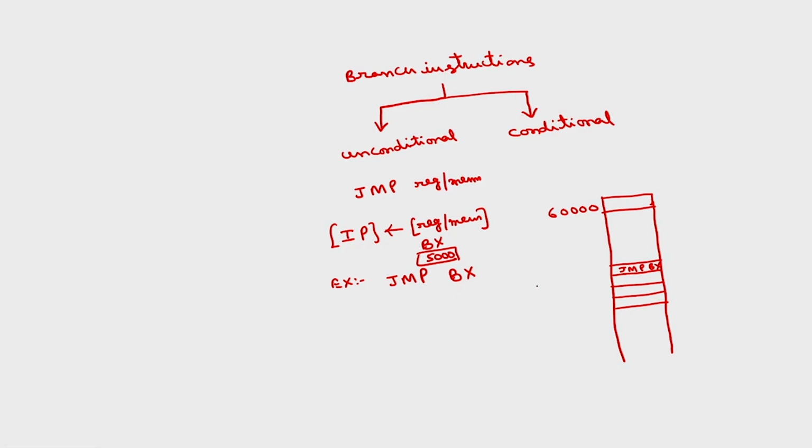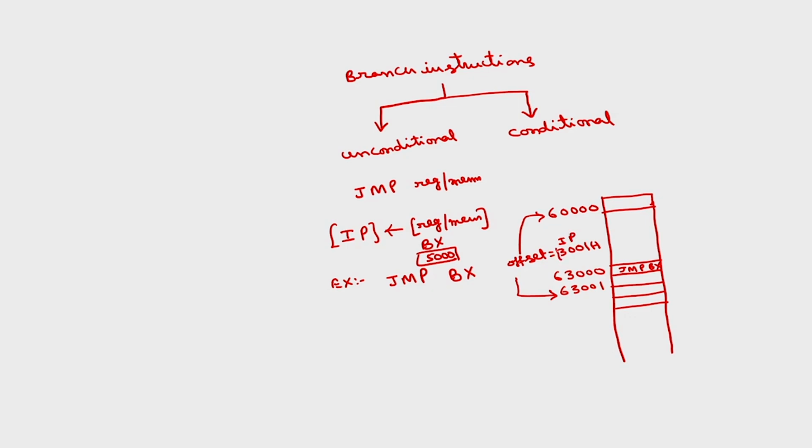Suppose this instruction is located at something like 63,000 H. So what is the offset here? The next location is 63,001. So the offset from the start of the segment to here will be 3001 H. This will be held by the instruction pointer.